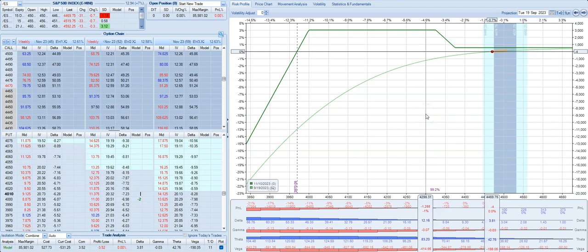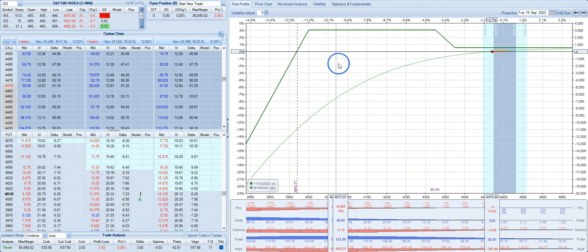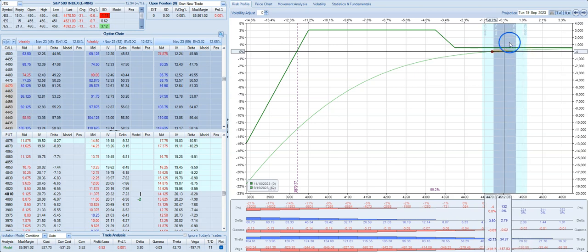But since ES options have a multiplier of 50 instead of 100, we would have to double the size of this trade. We'd have to do 2 contracts in order to collect the same amount of dollars as far as credit goes up front, right?